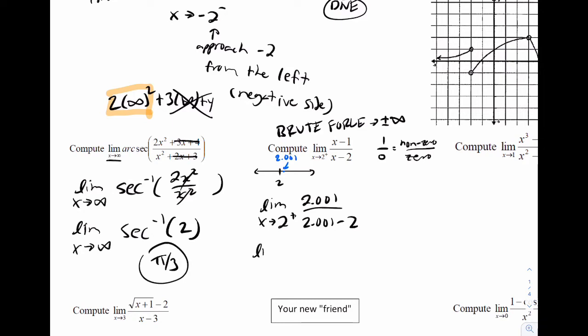Oh, don't forget your minus 1 at the top. That's 1.001 over 0.001. And look at that. You have a number over a very small number. This is going to approach positive infinity. So when you divide by 0.001, it might help to think of it as like 1 over 1,000. So that's going to become a really, really big number.